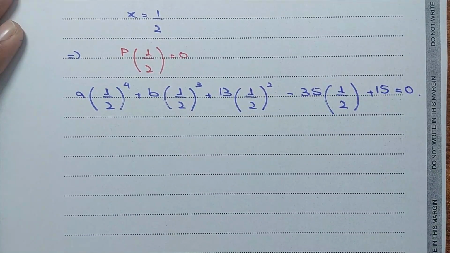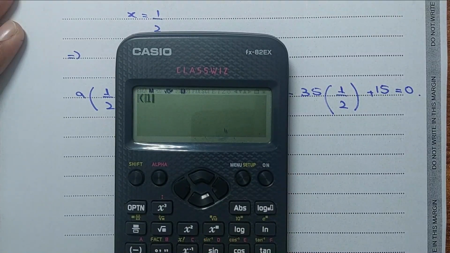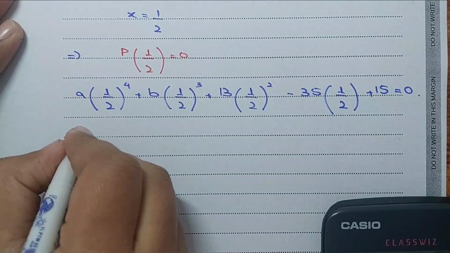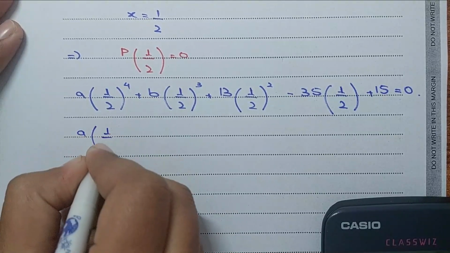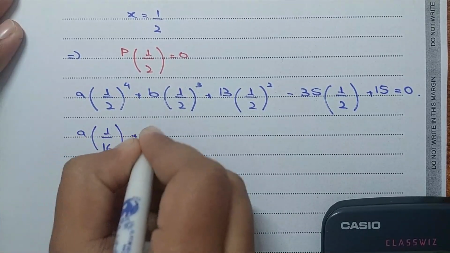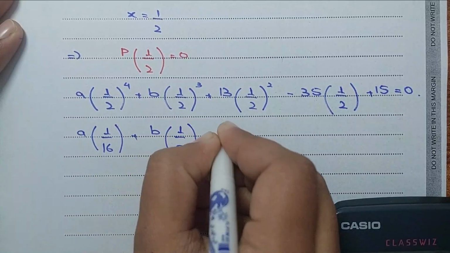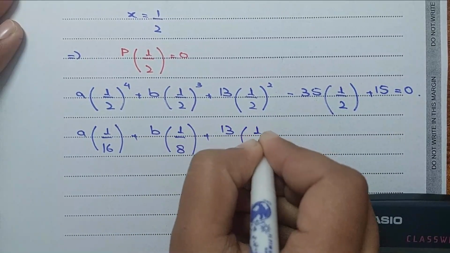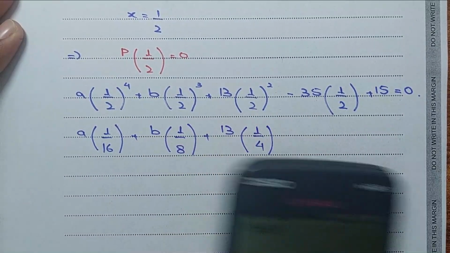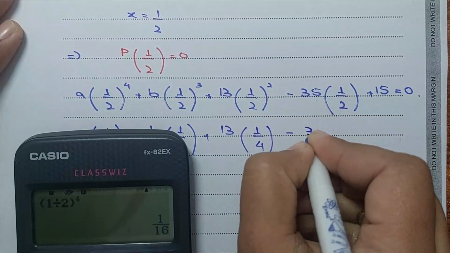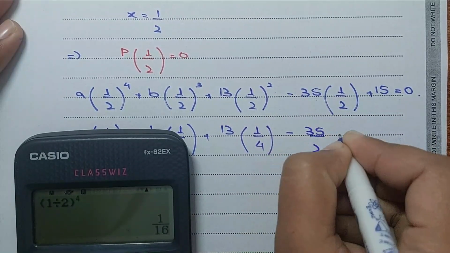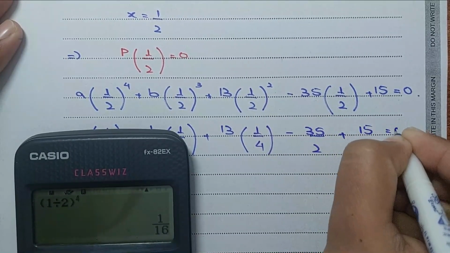Okay, 1 by 2 to the power 4 is 1 over 16, a, 1 over 16, b, 1 over 8, 13, 1 over 4, minus 35 over 2, and plus 15 equals 0.